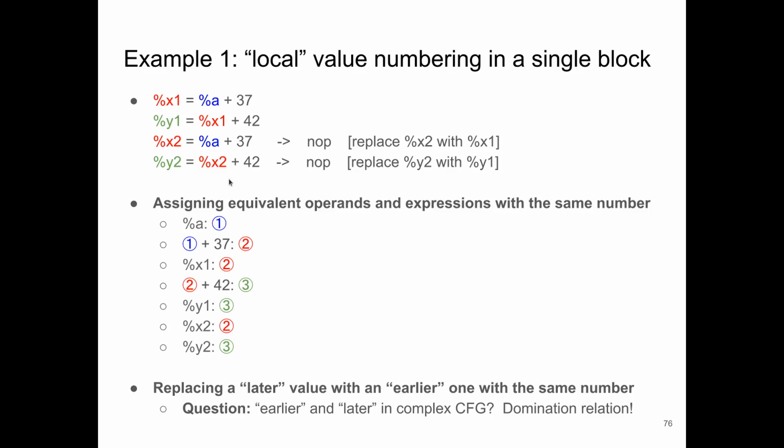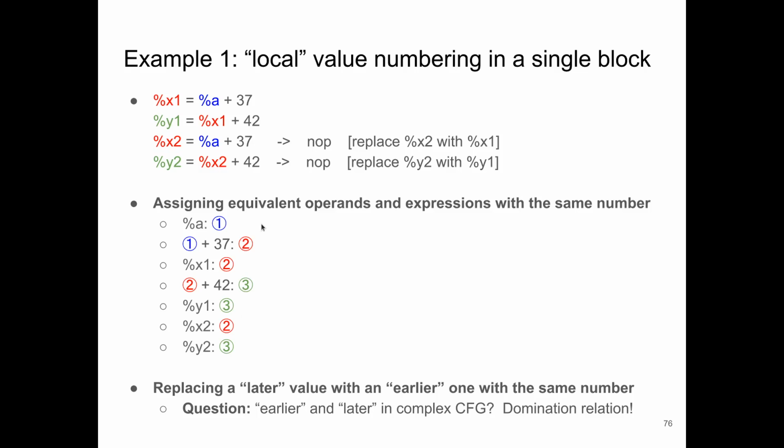So we can immediately conclude that this x2 is number 2. And similarly, with this x2 being number 2 and 42 a constant, the summation of these two is number 3, and as a result, y2 should be numbered with number 3.